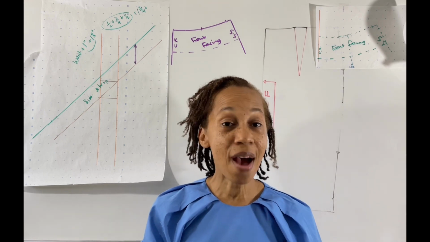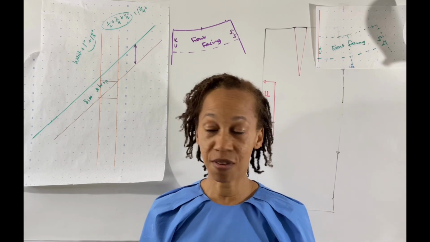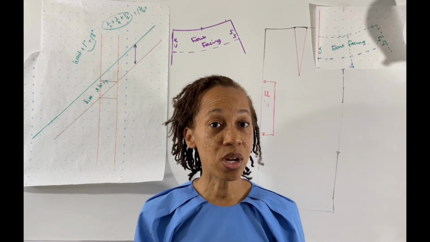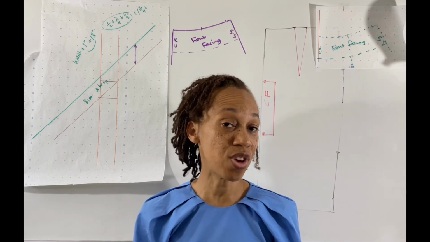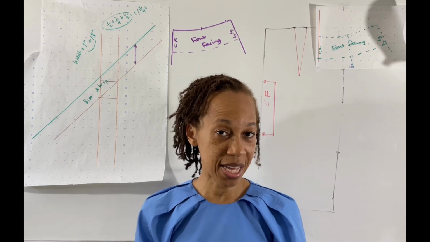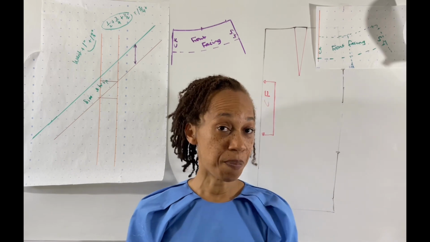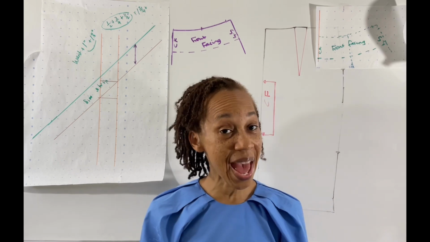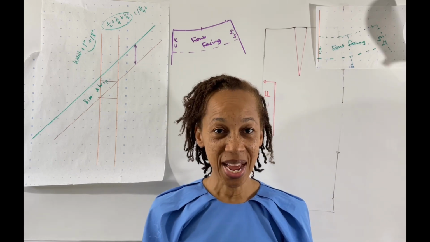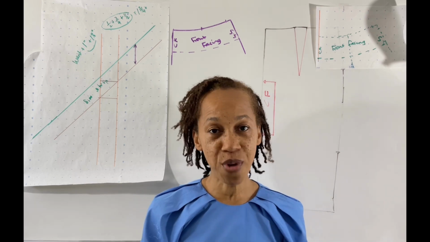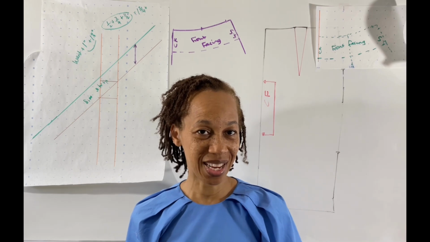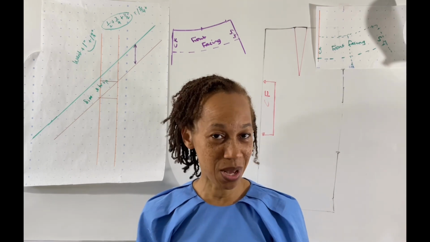I hope that you have learned something from this video and that you will not stick to the regular rectangular waistband and you can use a regular facing or a bias binding. Go ahead, try it on your own and see what your garment is going to look like. Stay away from regular and be different. That's who I am. I like to be different.